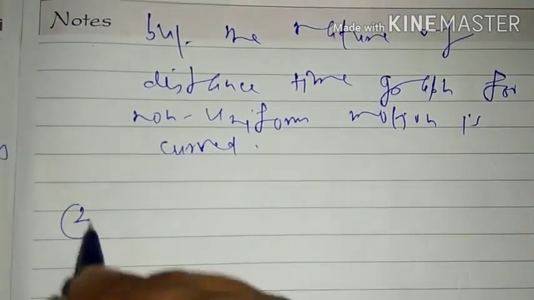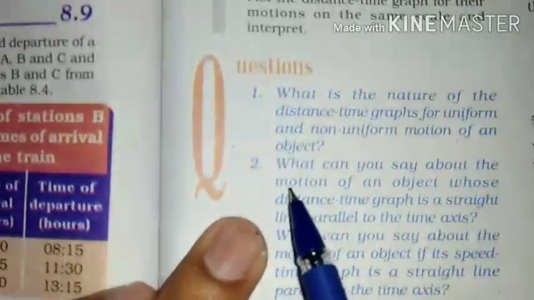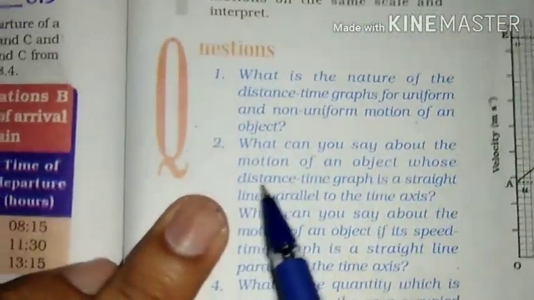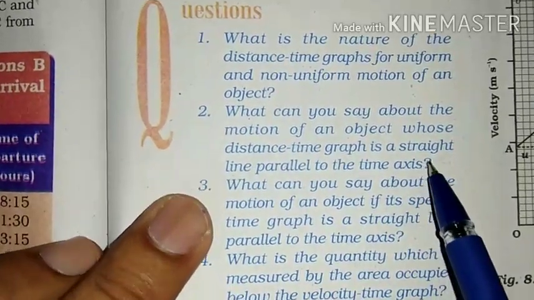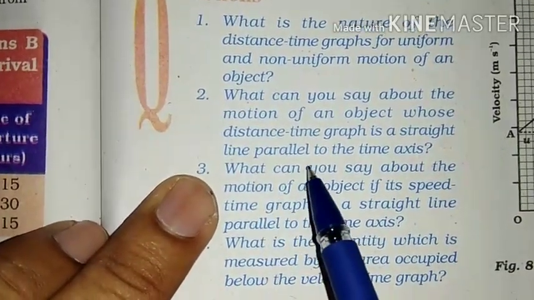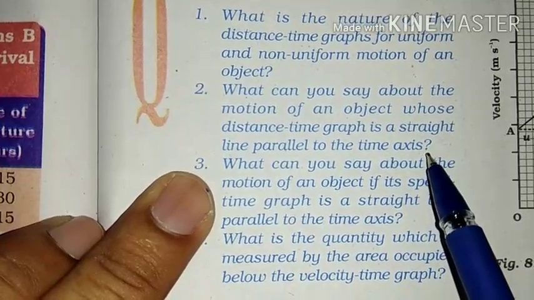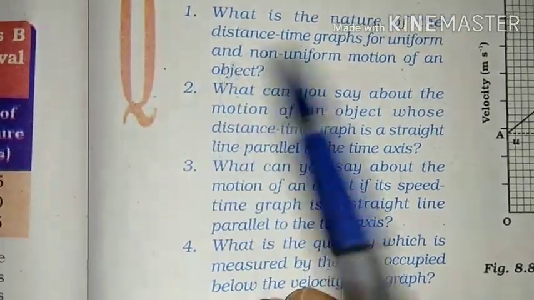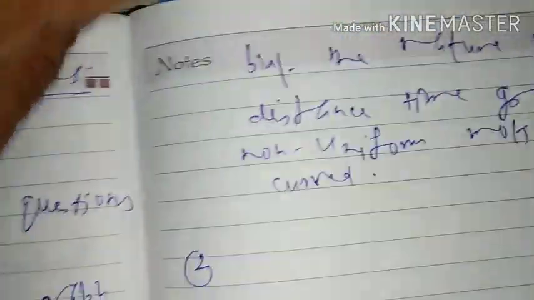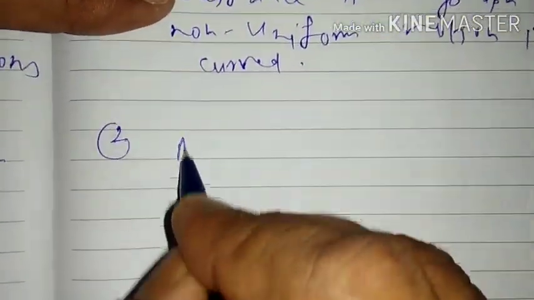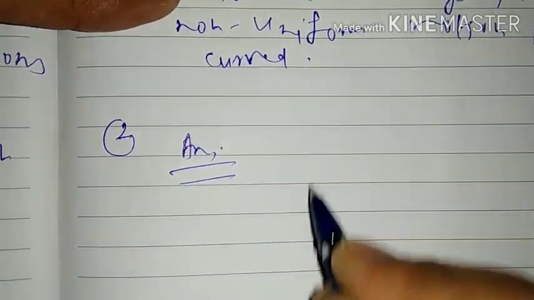Now see, what is the second question? The second question is: what can you say about the motion of an object whose distance time graph is a straight line parallel to the time axis? We had plotted a distance time graph in the last lecture. See the answer of this question once again.